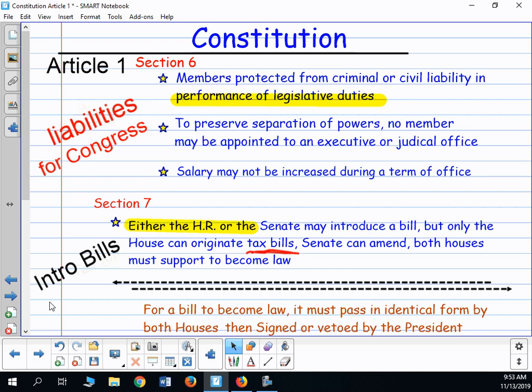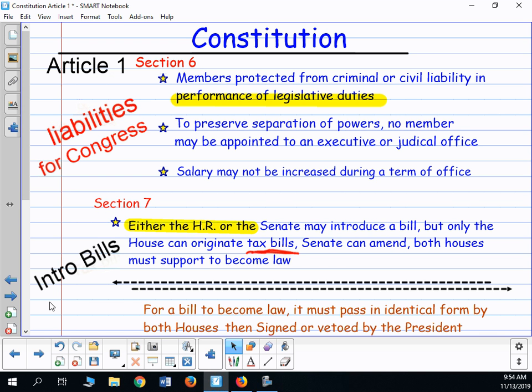If a member of Congress has voted for capital punishment, which is the death penalty, and someone is put to death as a result of the death penalty, no one can come back on that senator or representative and say to them, you've committed murder, because however they chose to vote, they were doing it in performance of their legislative duties.